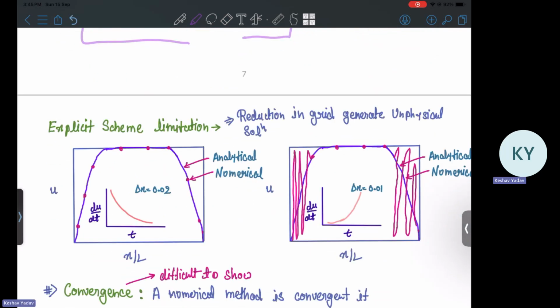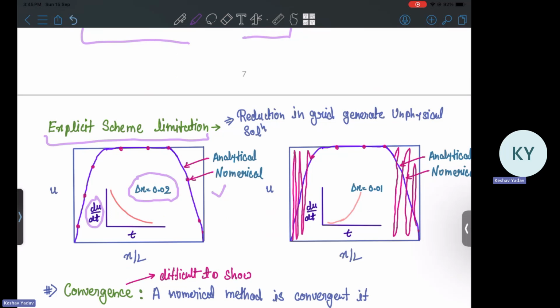Suppose I have delta x equal to 0.02. Then I solve by using the explicit scheme and plot the numerical results as these dots and the analytical results as this line, that is the blue line. And if I plot the derivative, I see the derivative is decreasing with respect to time. This is all right.